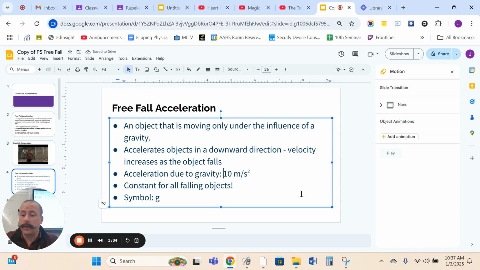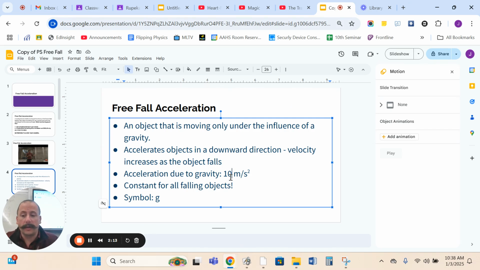It will fluctuate a little bit, but only by a couple of decimal points, and you'd have to go thousands and thousands of meters before it actually made a noticeable change. For all intents and purposes, anytime we're using the acceleration of gravity, g, it is going to be 10 meters per second squared here on Earth.